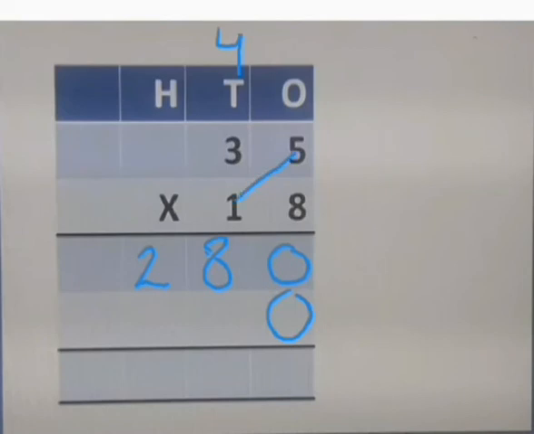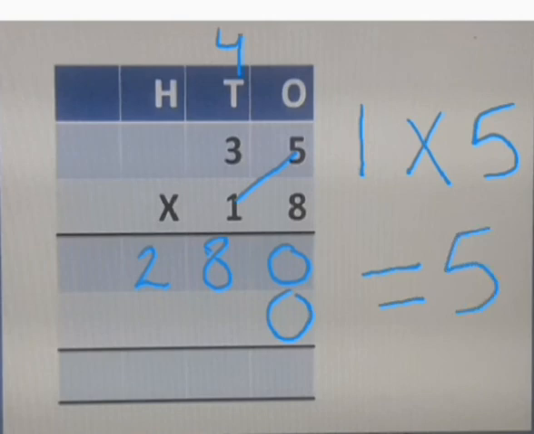So here children, the multiplication property of 1 will apply, which says that when we multiply any number by 1, we get the same number as the answer. So when we multiply 1 by 5, the answer will be the number itself. That means 5. So we will write down this 5 here.